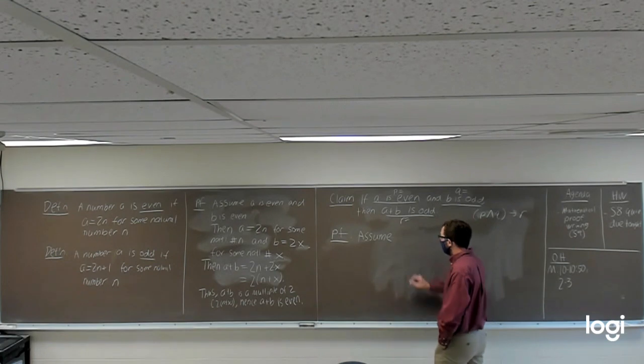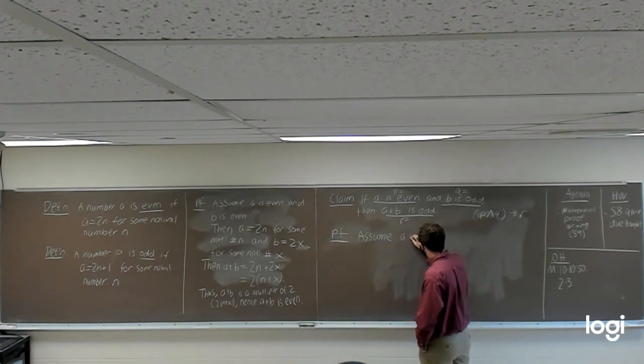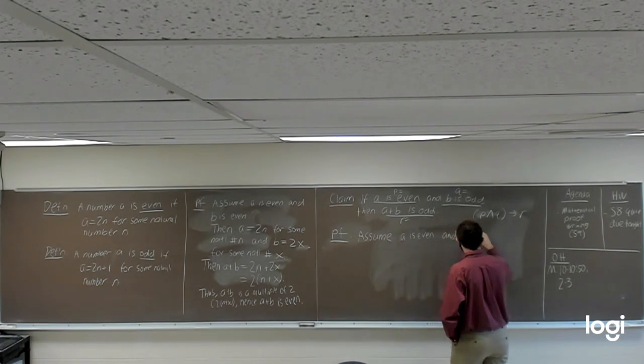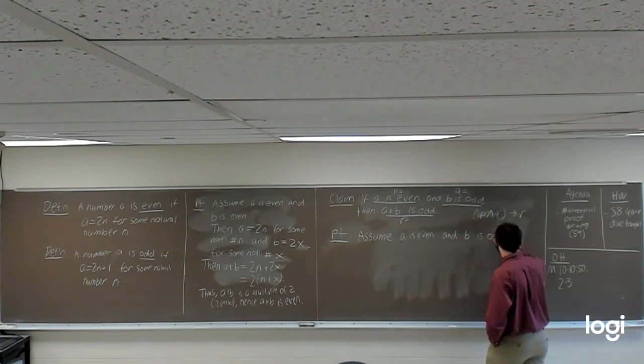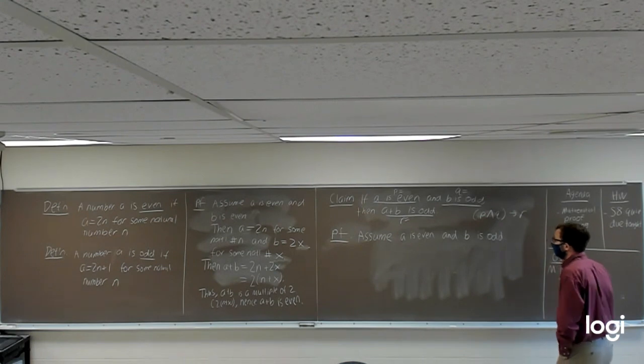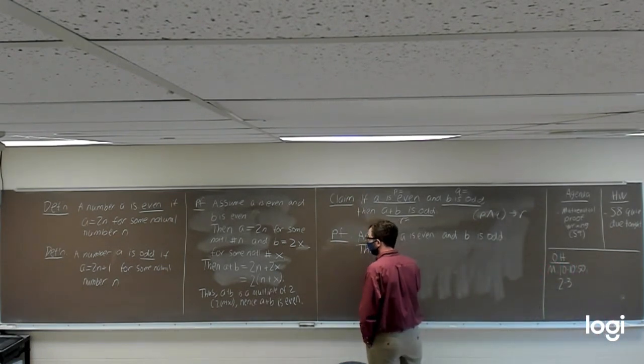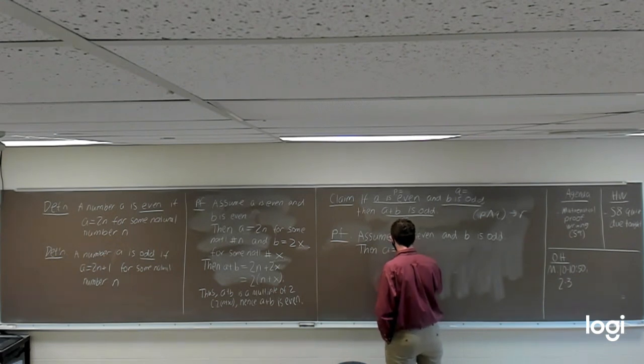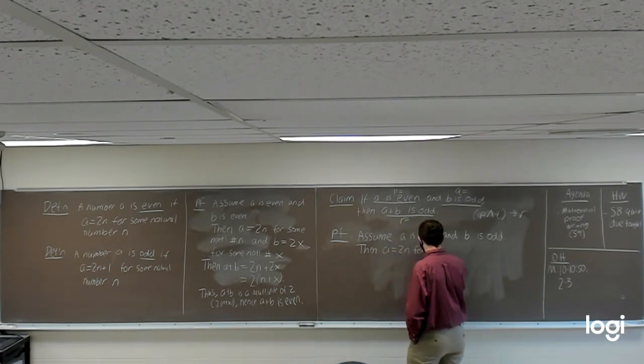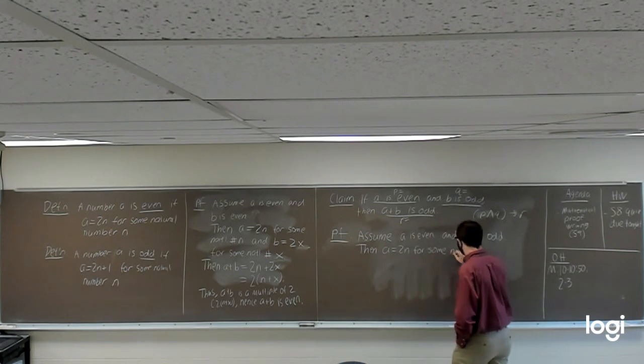So if we write that out, we get assume A is even and B is odd. And then we can say it has to be true that A is equal to 2n for some natural number n.